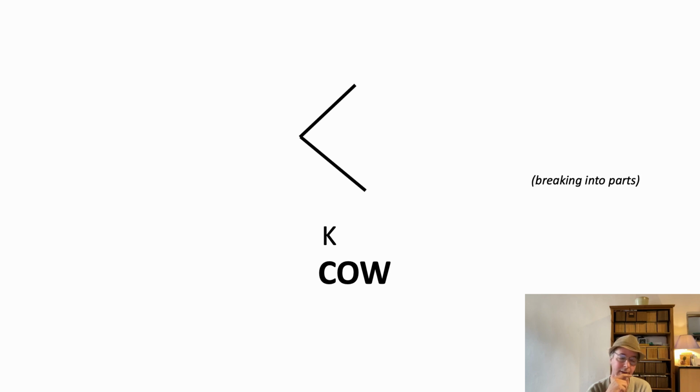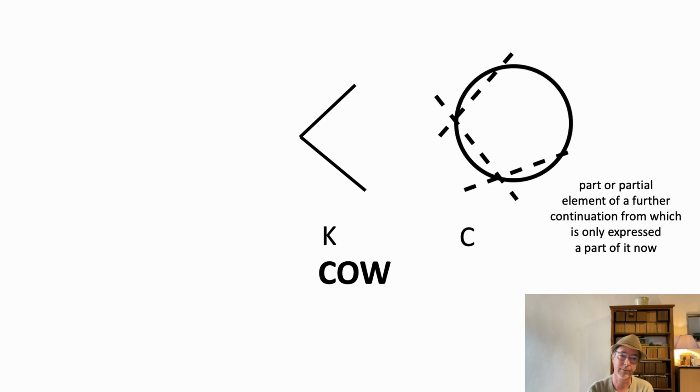It's written as a C, but it is expressed by hearing as a K. The C is also breaking apart, but it is much more complicated. It is actually a partial element of some further continuation, which only expresses a small part of a bigger whole. So you know immediately you break one thing apart, not because it's different, but because it is part of something bigger.